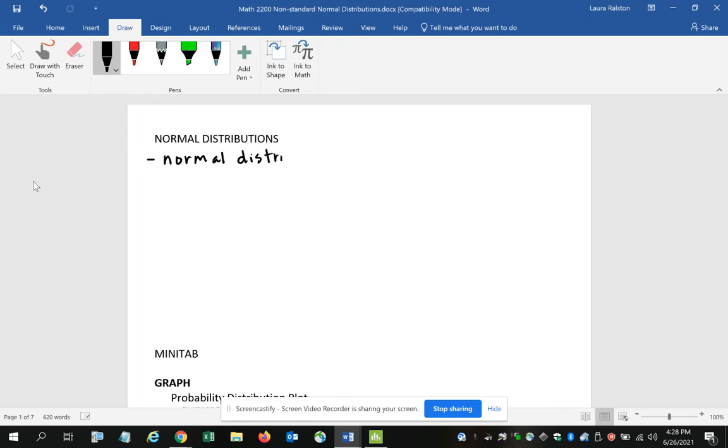Typically somewhere in the scenario, you may see the phrase normally distributed, or it could say is distributed normally.